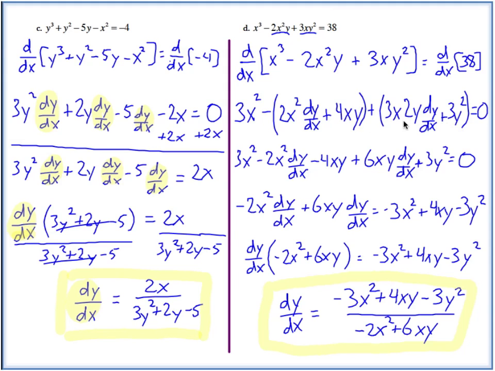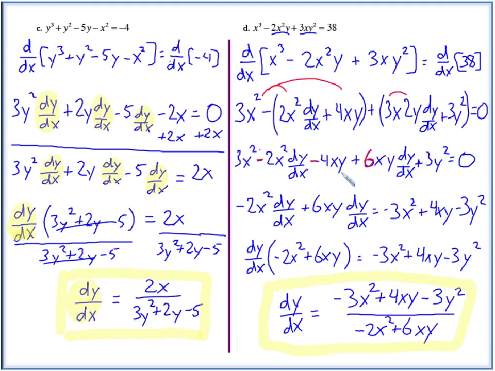From here, we've done all of our differentiating, and now we just want to organize it and simplify it. So I distributed the negative right here. That gave me these two negatives here. And then here I just multiplied 3 times 2 to get 6. Everything else is the same.